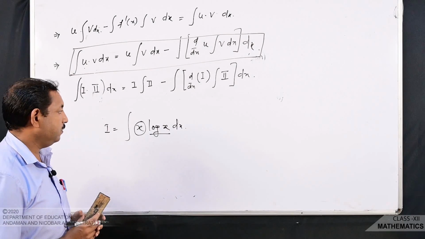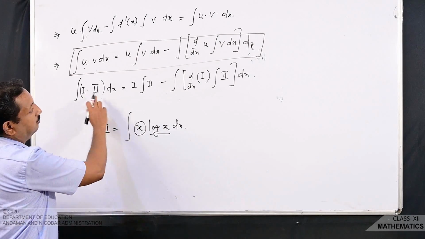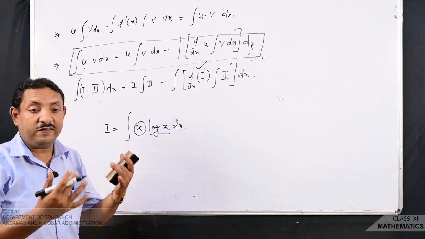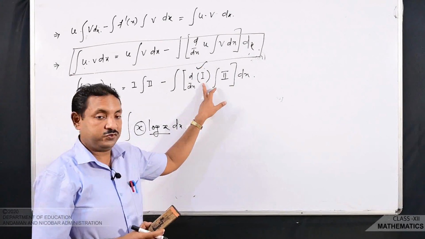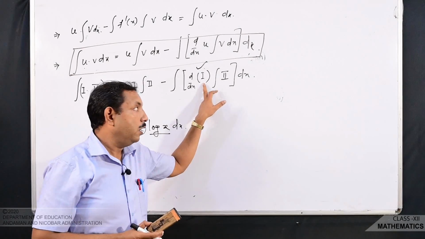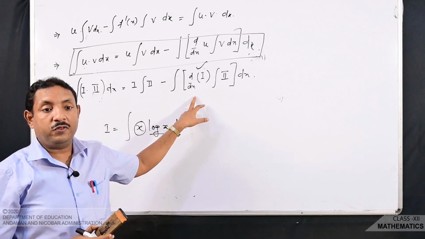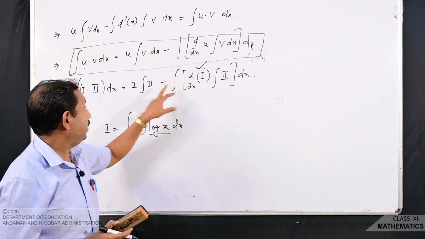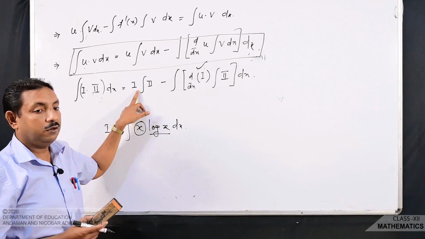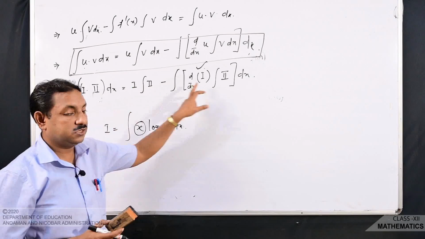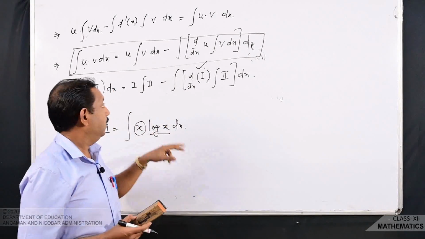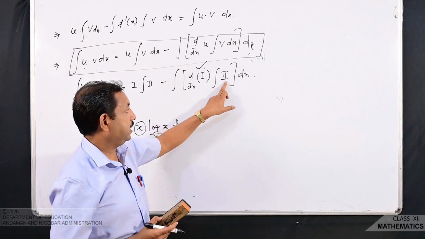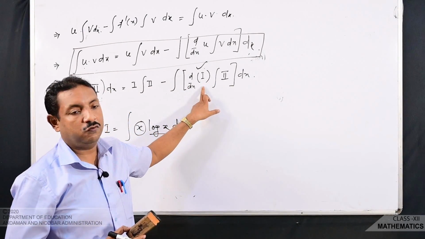For the first function, you must know its derivative. The function whose derivative is known to us must be taken as the first function, because we perform differentiation over the first function. Nowhere in this formula do we perform any integration over the first function. Look here: first function times integration of second, but we are differentiating the first function.